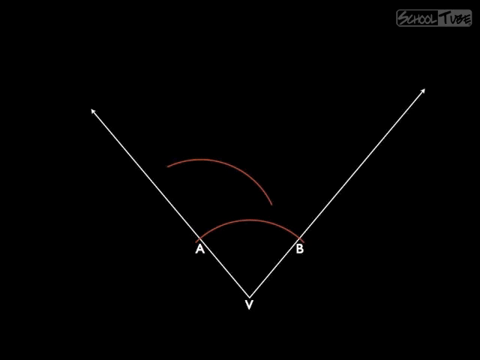From there, I will move my compass point to B and make an arc. And now where these arcs intersect, and using the vertex, we can draw in our angle bisector. And I'm just going to put a point somewhere on that angle bisector. We'll call that point P.